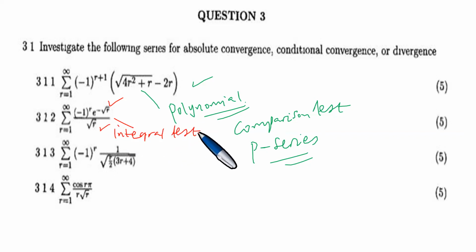Can you use the ratio test? My immediate suspicion is that because this one has a square root over a square root, the ratio is just going to be 1. The ratio test fails; it is inconclusive. We can't make any conclusion in terms of convergence or divergence. Let's look at 3.1.1 first. We have the limit as r approaches infinity.